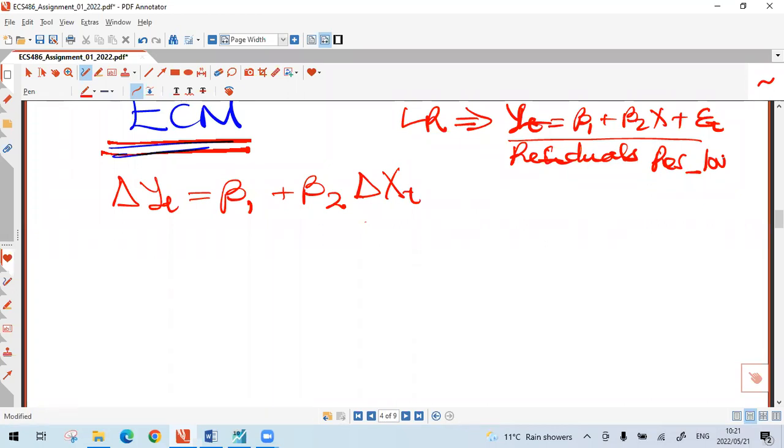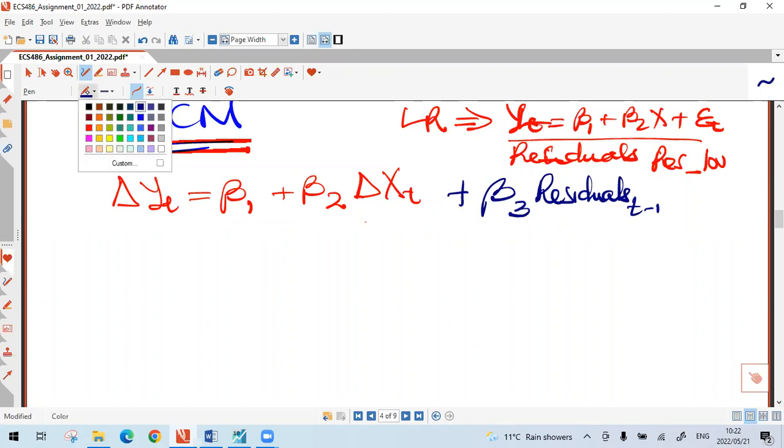So we are going to add something like this, beta 3 residuals. But these residuals are lagged ones. Then after that, we say plus the error term, right?